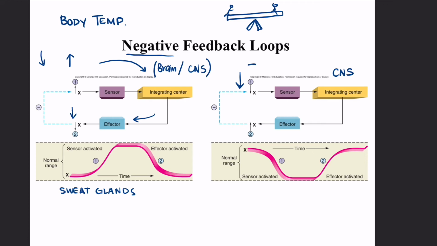So if our body temperature was low, one way that our body temperature could increase is by constricting blood vessels so that your fingers don't get as much blood, because we lose a lot of heat in our extremities. Another way is by shivering. And in this way, we can do the opposite of what we sensed, what was the first stimulus, and increase our body temperature again. So again, this is negative feedback.